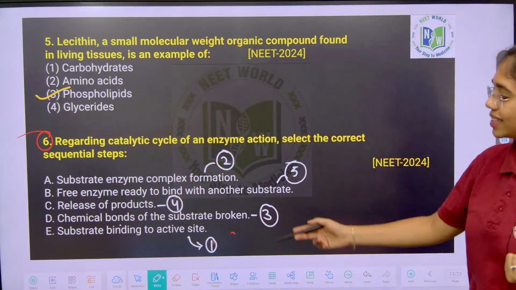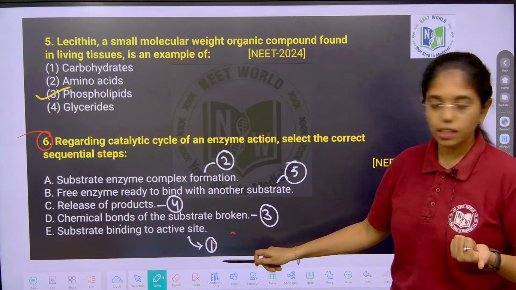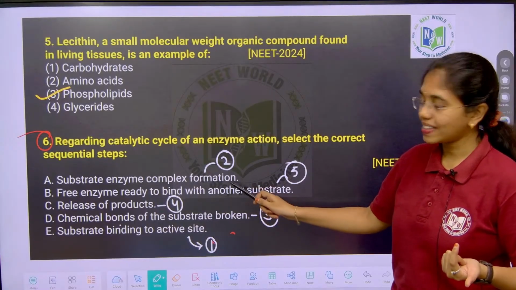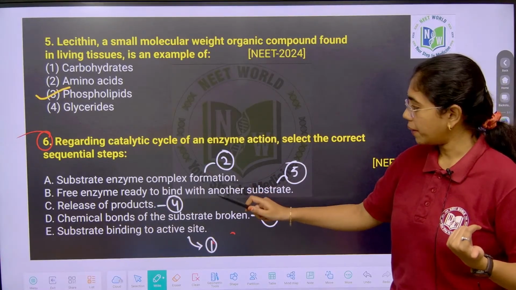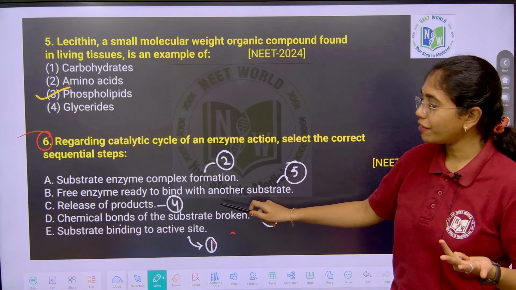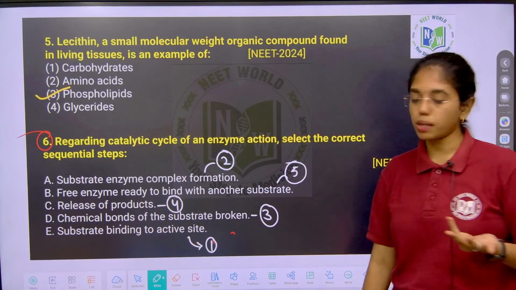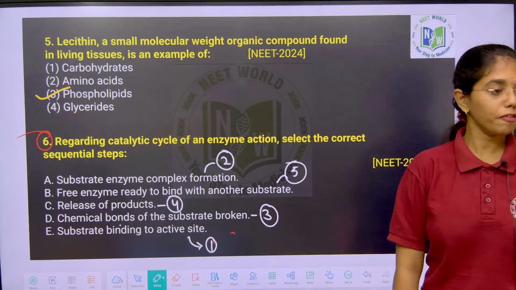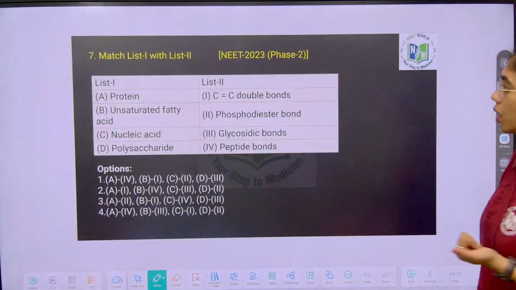Correct, no? First substrate binding to the active site, next enzyme substrate complex formation, then chemical bonds of the substrate are broken, followed by release of products, and then free enzyme ready to bind with another substrate. Next question.